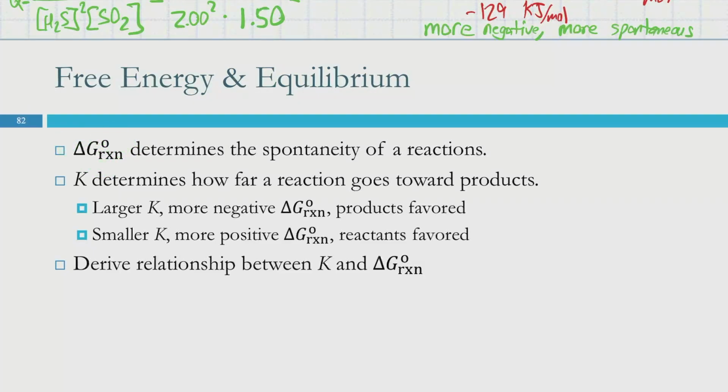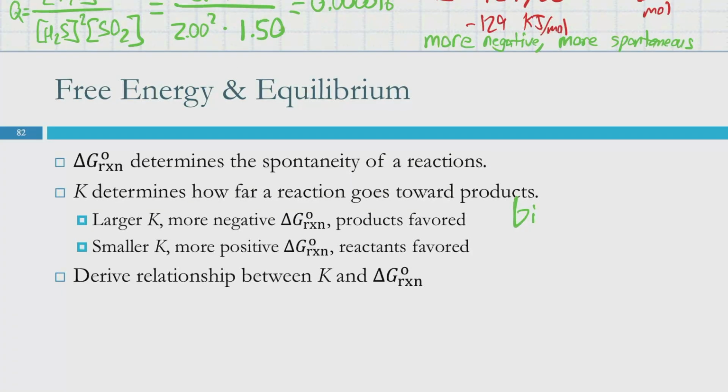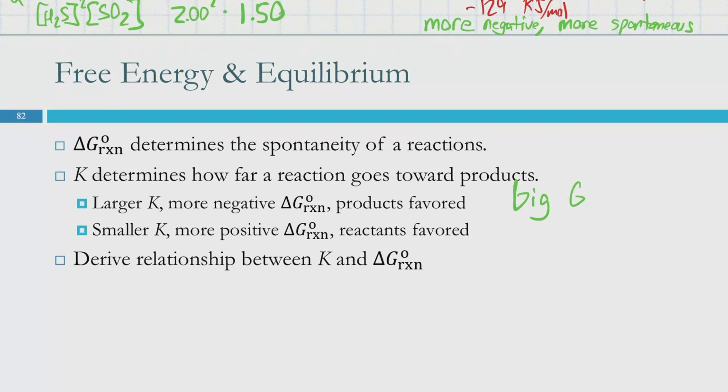That's the standard state one. K determines how far our reaction goes towards products. If we have a large K, we have a more negative delta G for the standard state of the reaction. Our products will be favored. Sorry, big K. Products favored. This shouldn't be new to us.